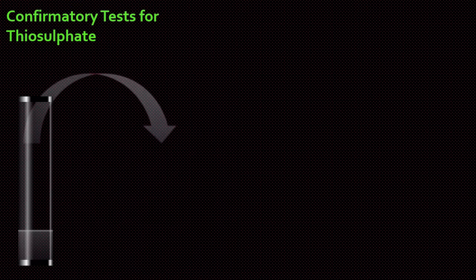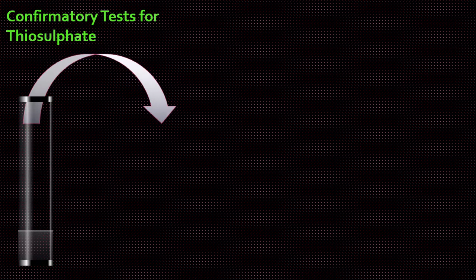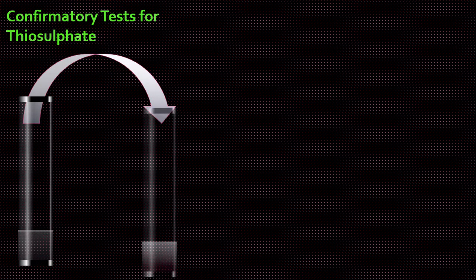Here is the confirmatory test for thiosulfate. Let's take the original solution of a salt in a test tube. Then note the changes after adding the salt. Which salt? Let's see. A black color precipitate is forming below.